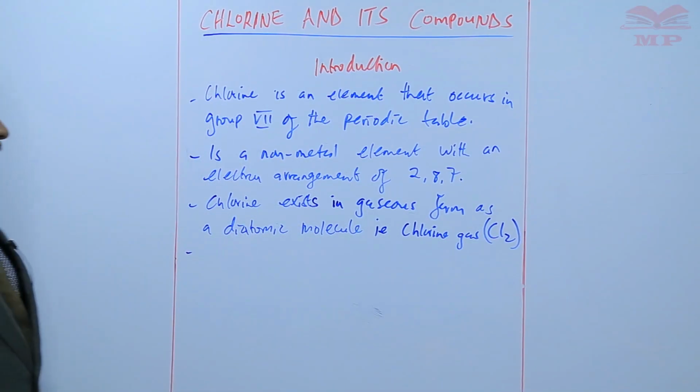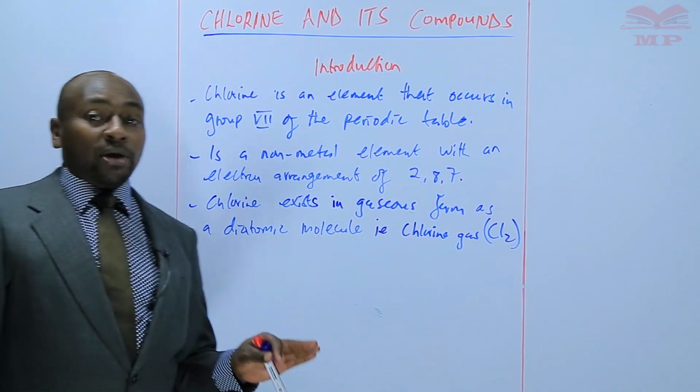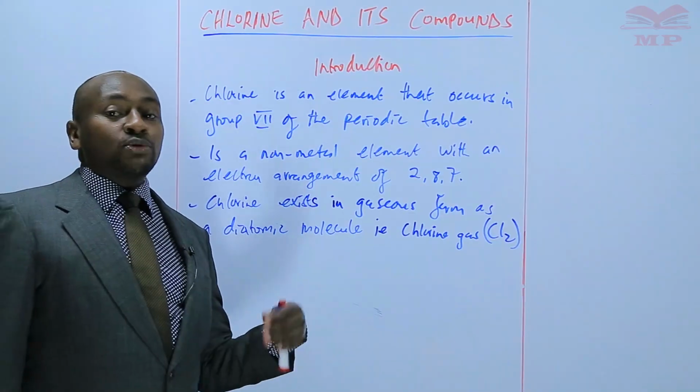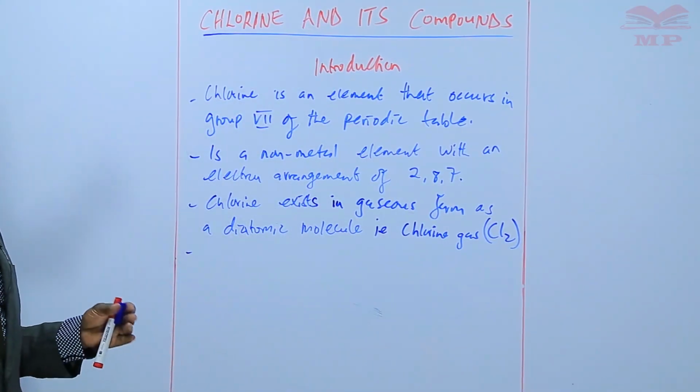Naturally, chlorine exists not as a pure element, but combined with other elements. That means it exists naturally as a compound.